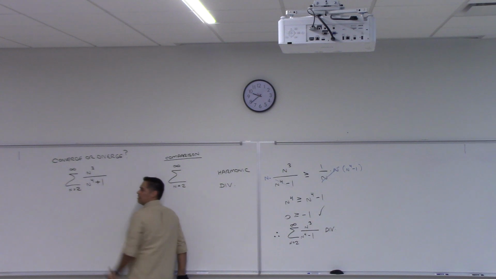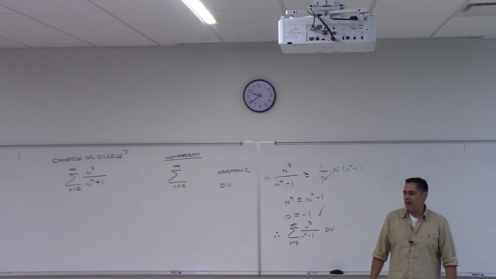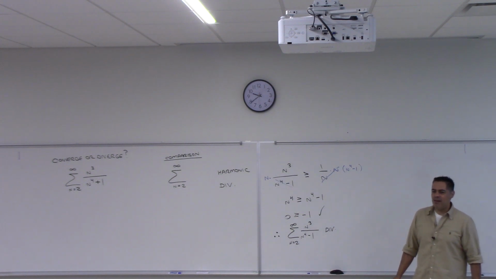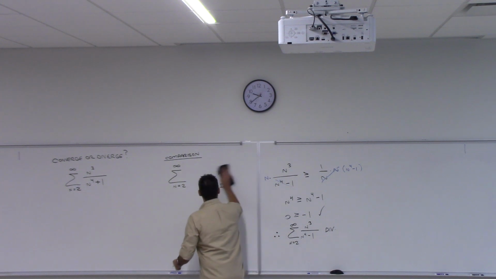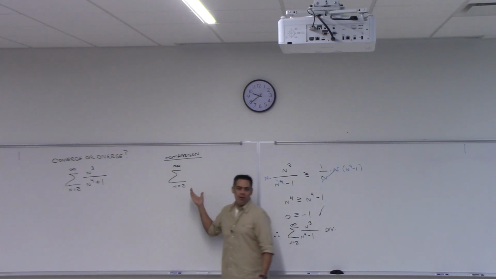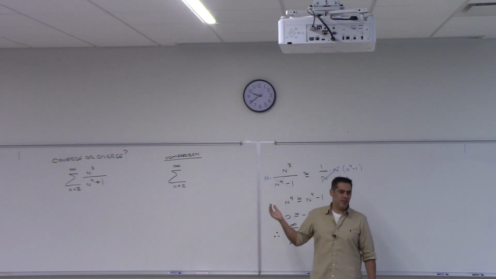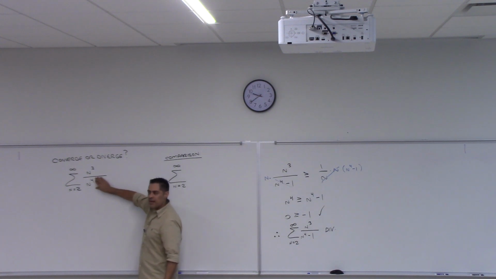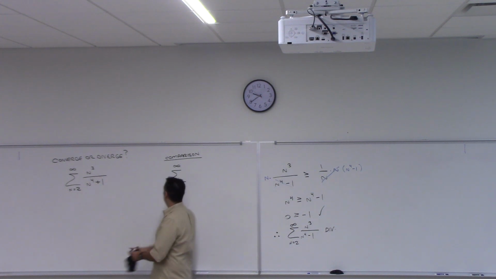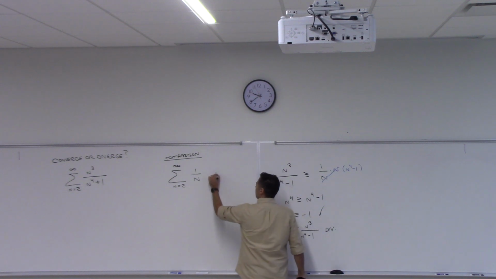That's it. Seems so subtle and like nothing's going to matter, everything's going to be great. Okay, now, does it change the fact that we want to compare that to a harmonic? No, it doesn't, right? We should still compare this to a harmonic because at the end of the day, the +1 makes very little difference when n is big, and so that still does look like n cubed over n to the fourth, doesn't it? So 1 over n seems like a great candidate for this. This is divergent because it's harmonic.